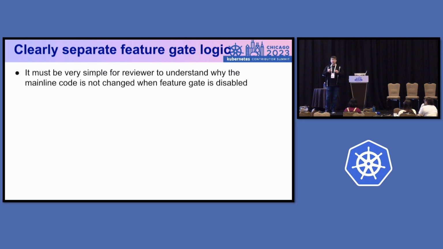If approvers can see it very clearly, they approve it faster. If they cannot see it clearly, then you'll get a struggle of back and forth trying to understand the code very well. And we failed a little bit on sidecars. I think we did a good job here, but we may have done better, and we introduced a bug because of that as well. So yeah, try to separate your code as much as possible.